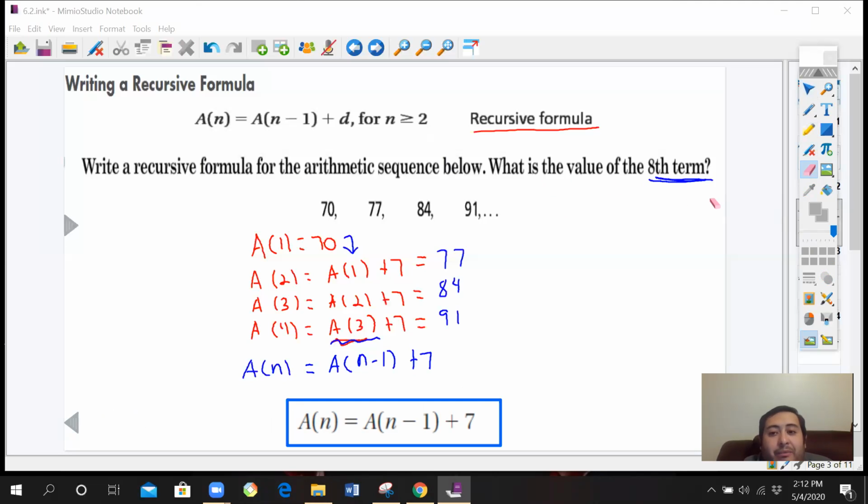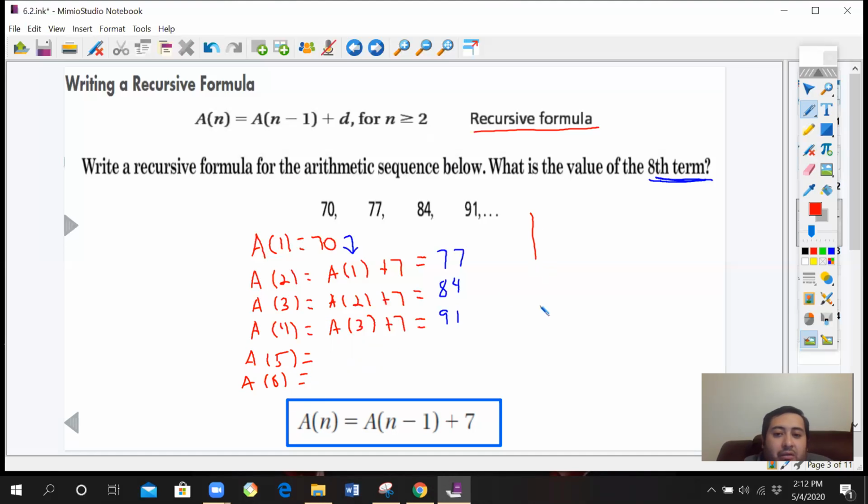Now it's telling us what is the value of the A8 term. So based on this formula, we're going to continue all the way to the eighth term. So I'm going to write it down here, A5, A6, and then I'll continue over here, A7 and A8.